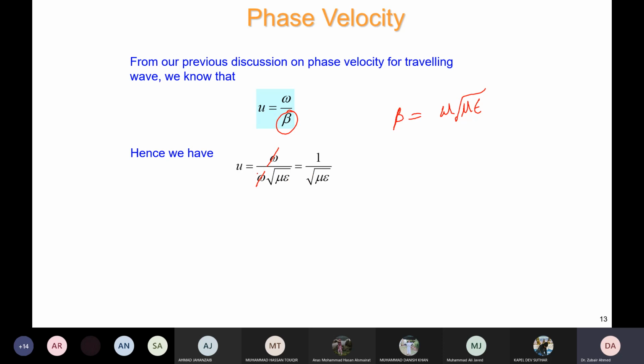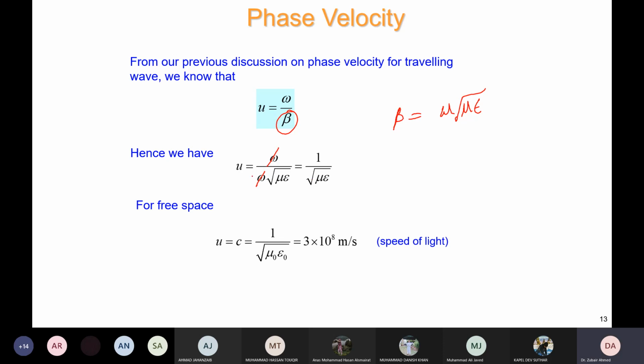Please note that this means the phase velocity of our traveling wave only depends on the medium constitutive parameters, epsilon and mu.